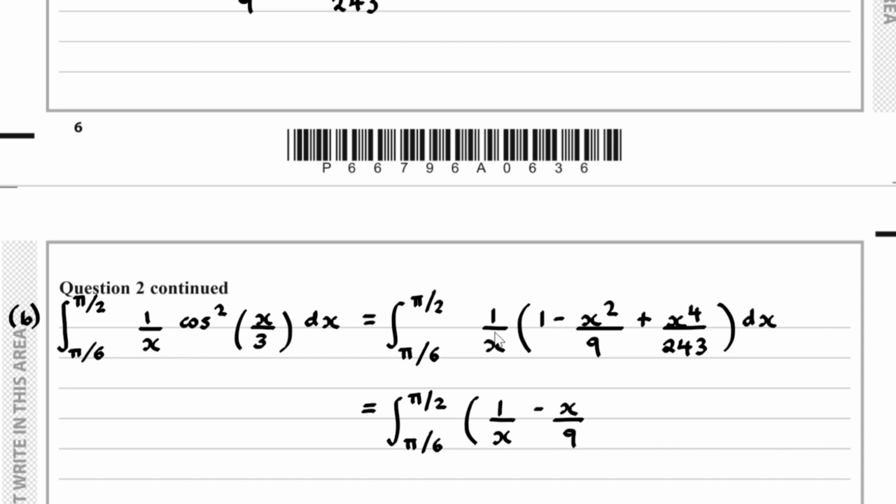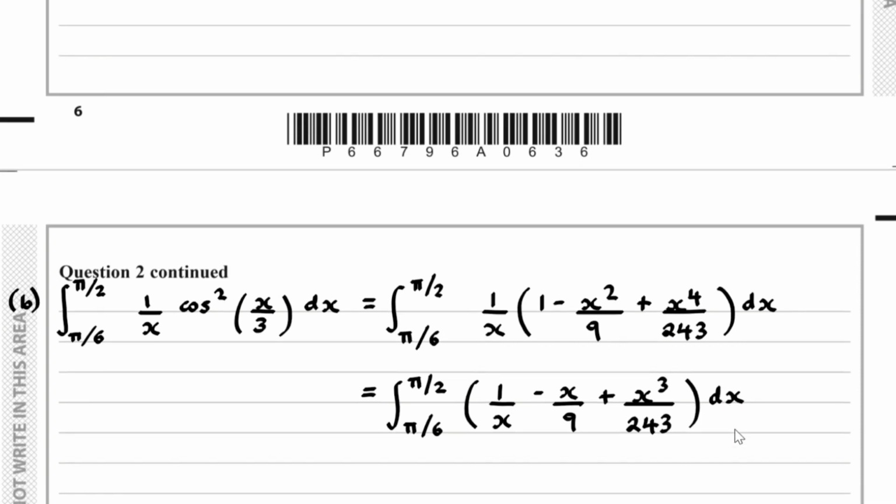And then we've got 1 over x times x to the 4 over 243, that's positive x cubed over 243. And we're integrating with respect to x.